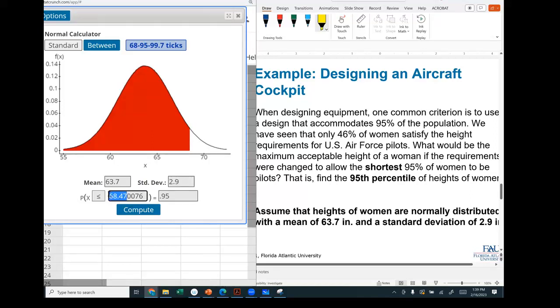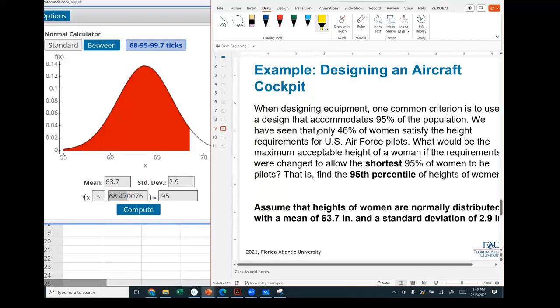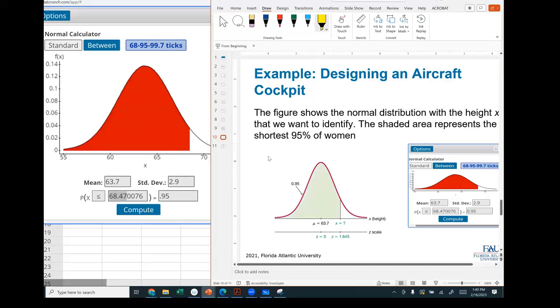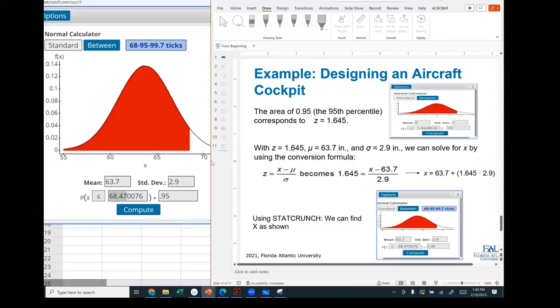So that's the maximum height that the Air Force can set for a woman, 68.47, and that would allow them to accept 95% of women. Okay, and let's see if we got the right answer.